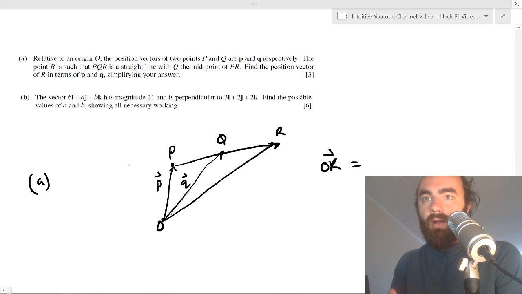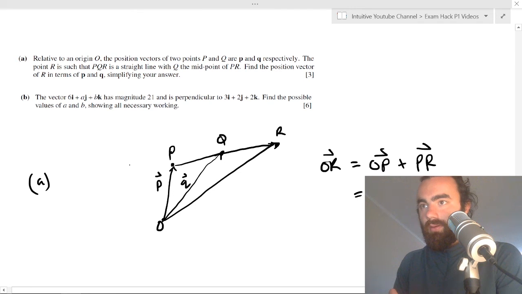Well, OR is simply OP plus PR, and PR, because Q is the midpoint, is equal to 2PQ.